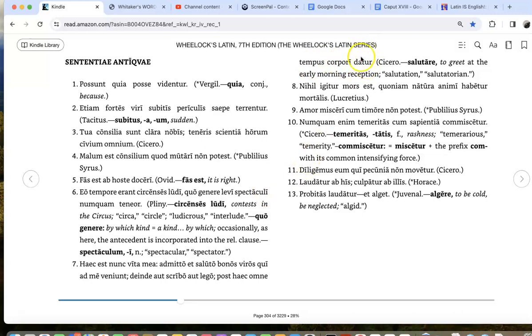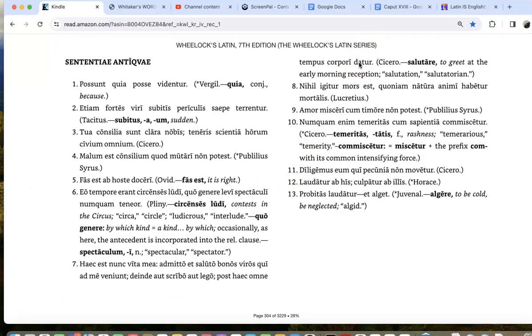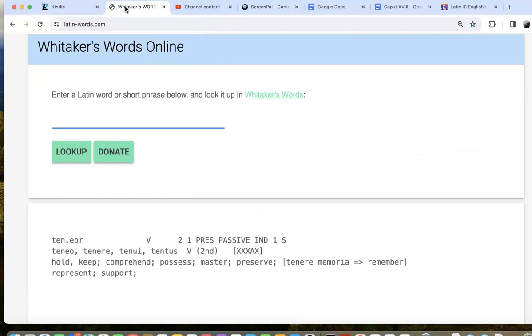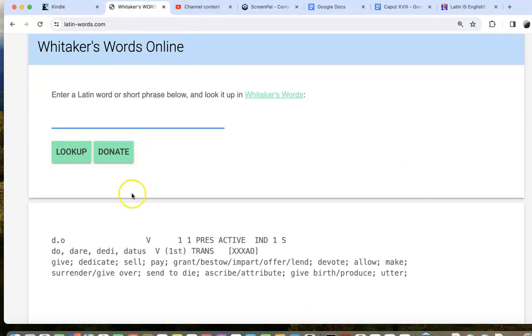So the last part has our passive datur, which means being given. You may recall this was one of the first verbs you learned way back in chapter 1. And so we just go back to our basic do, dare, dedi, datum, this is present active indicative. Now, if we take a look at the passive voice, we can see that datur is passive.